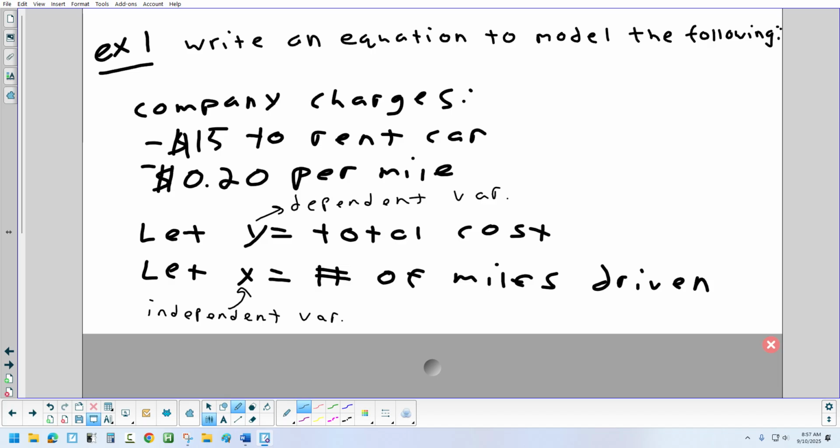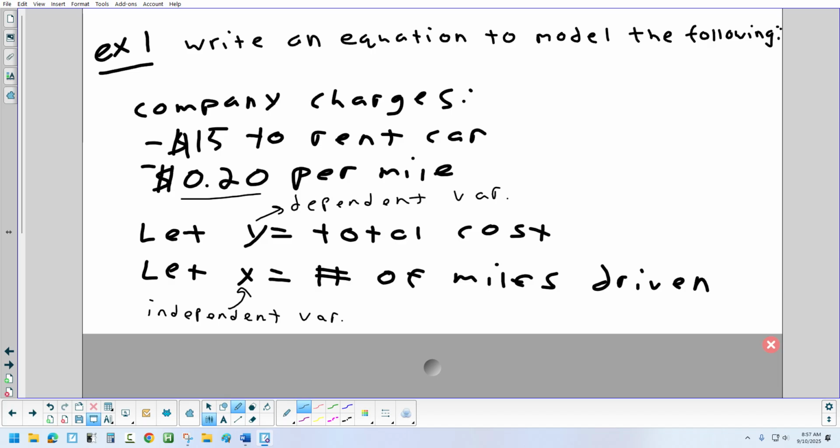Okay? You can control how many miles you drive the car. Right? That's up to you. You can't really control the cost because they have a set fee of 20 cents per mile, and the cost is just going to be what it is after you drive the car. Right? So if you ever have trouble figuring out which one is independent, which one is dependent, I come up with a sentence in my head and I read it two different ways.